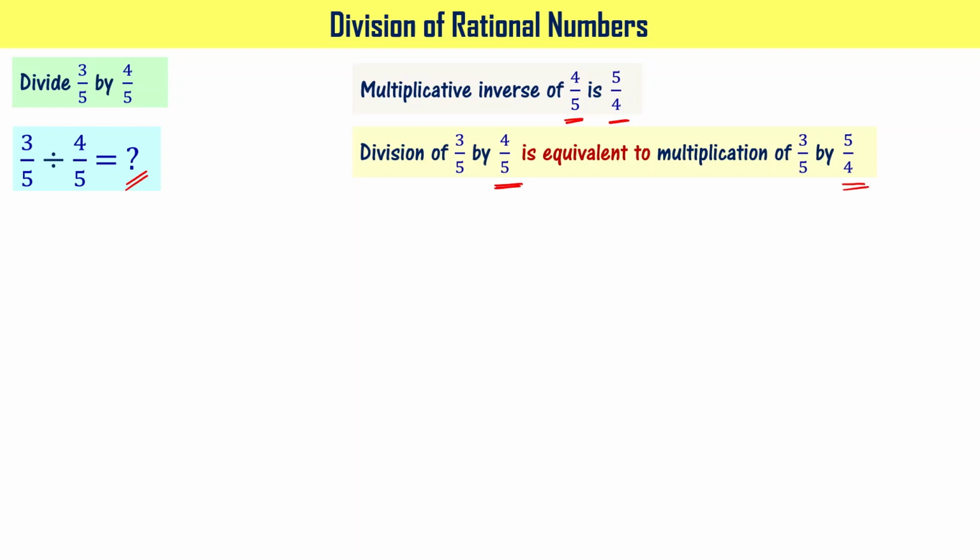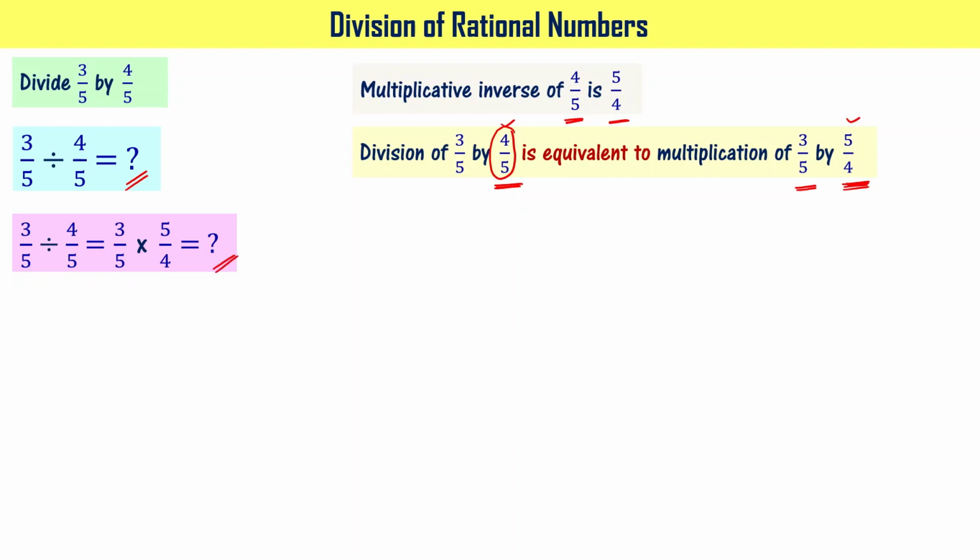Now, instead of dividing 3 by 5 by 4 by 5, we are going to multiply 3 by 5 by 5 by 4, which is the multiplicative inverse of 4 by 5, right? So let me write 3 by 5 divided by 4 by 5 now as 3 by 5 times 5 by 4. And we want to get the resultant rational number, right?